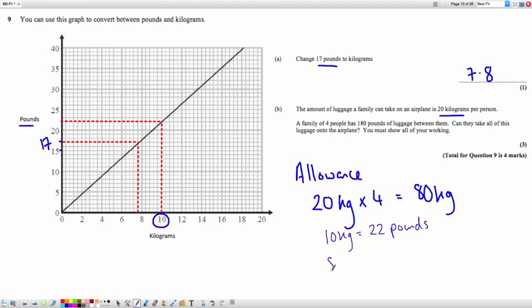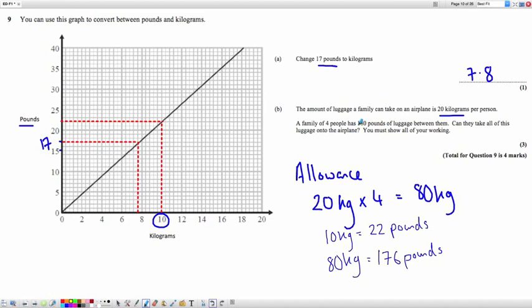So if we want to find 80 kilograms, we're going to times 22 by 8, which gives us 176 pounds. So this is their allowance.